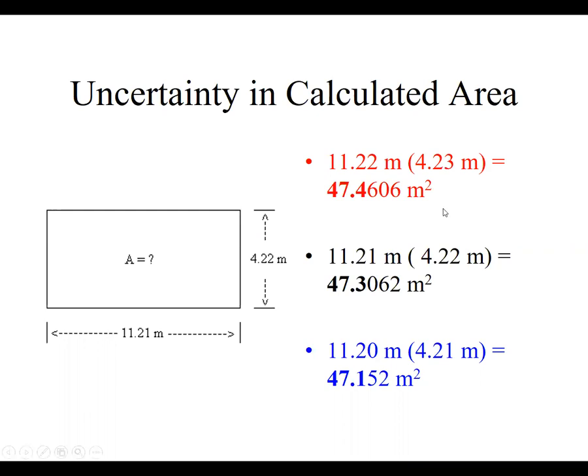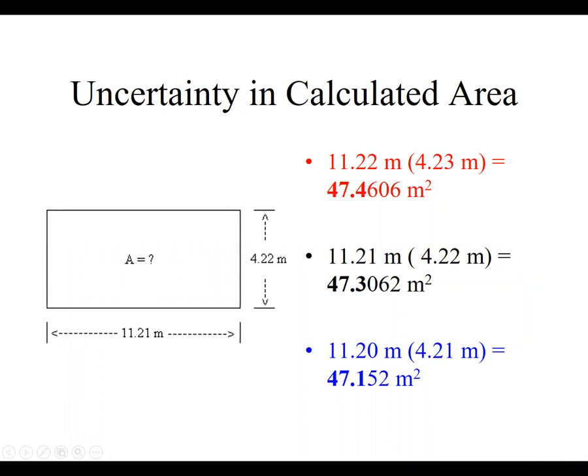And so that would mean that all the digits you see here are significant. The 4, the 7, the 3, the 0, the 6, and the 2 are all significant if you treated that like measured data. And that would mean that you have 6 significant figures. Count the digits, 1, 2, 3, 4, 5, 6.